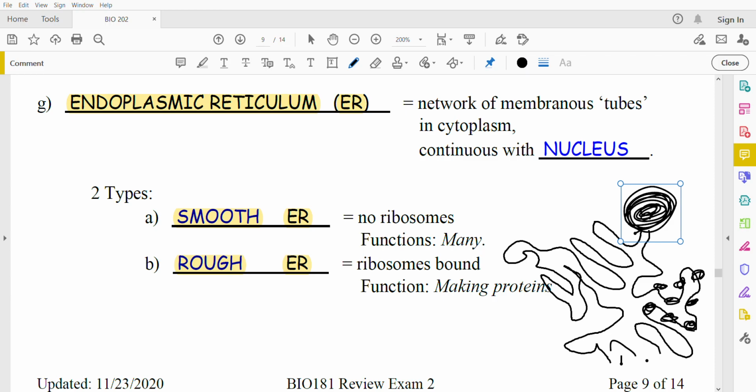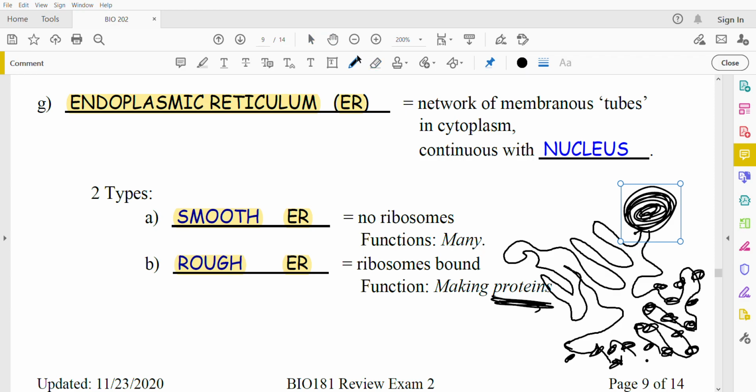But what I wanted to highlight here is that some of the ER then have ribosomes attached to this membrane. And this is known as rough ER. These ribosomes, of course, you remember their function was to make protein.